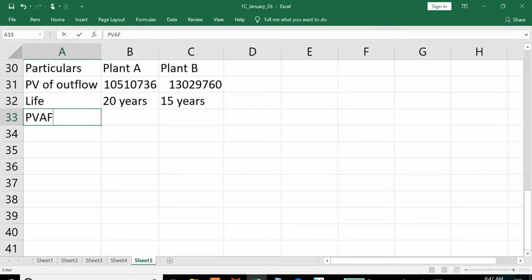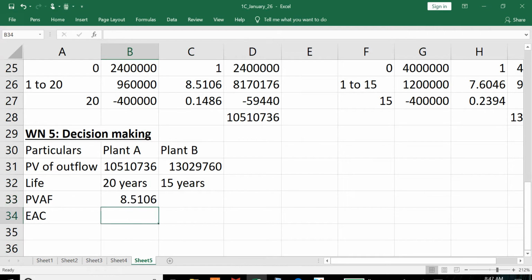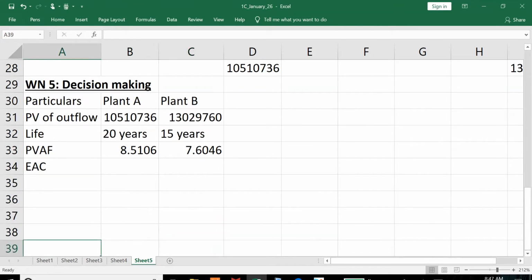To calculate EAC, we divide by present value annuity factor. I was explaining this when we did that earlier problem on that highway. We divide by annuity factor or we multiply with capital recovery factor. Now, annuity factor for 20 years was 8.5106 and 15 years is 7.6046.